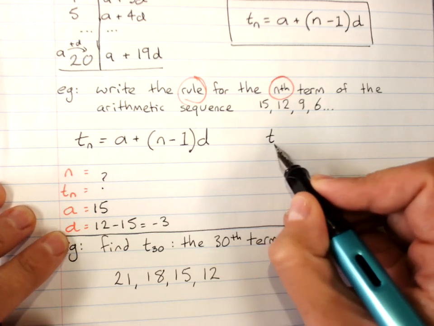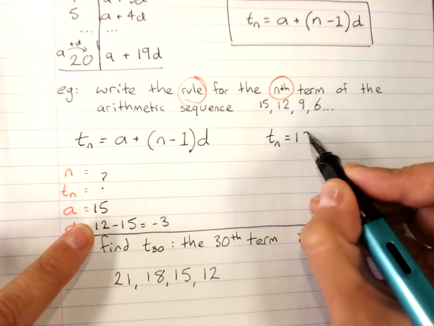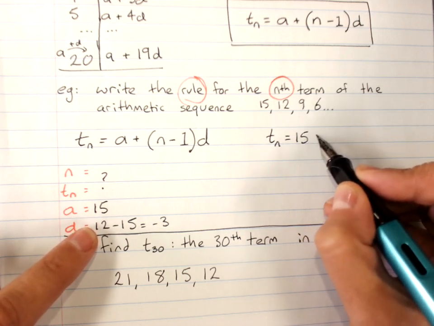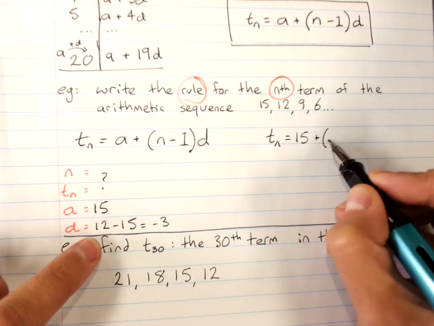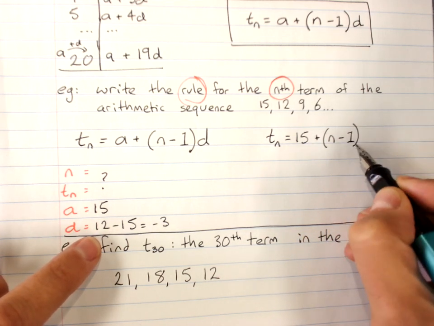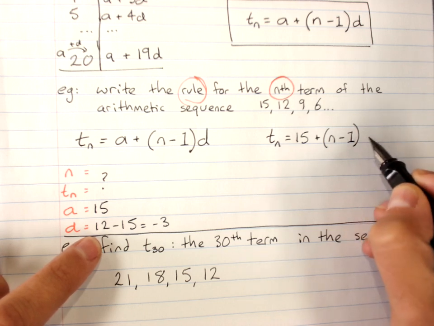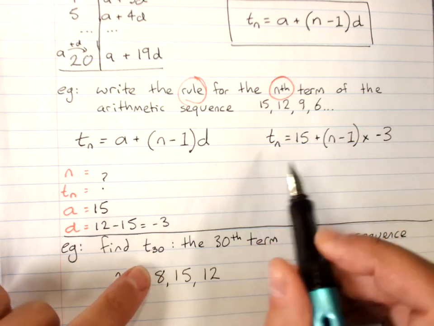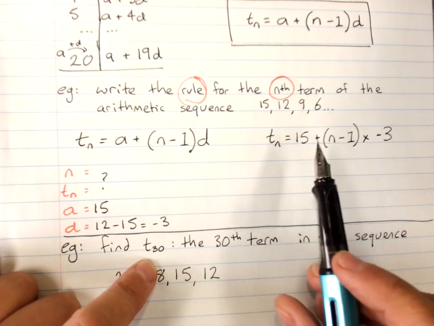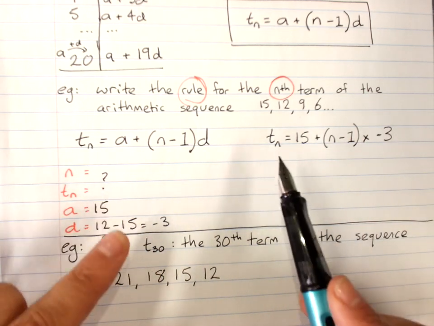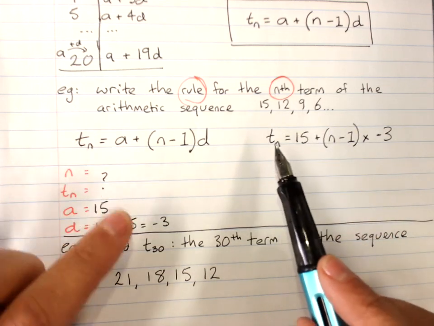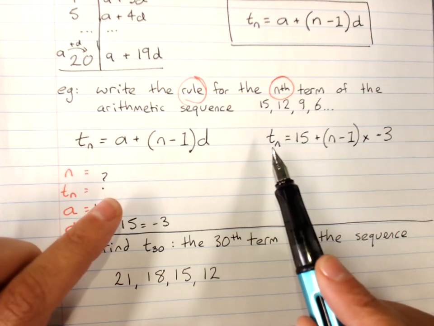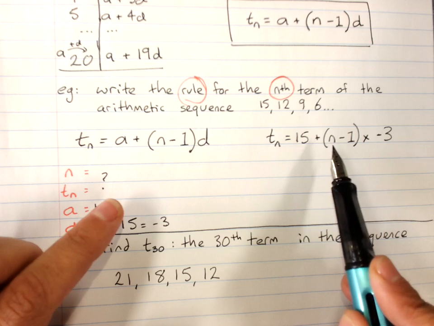So Tn equals 15 plus n minus 1, because I don't know n, times the common difference of negative 3. That's all this question wants. They want a rule that we could always use with this sequence to find the term in any position.